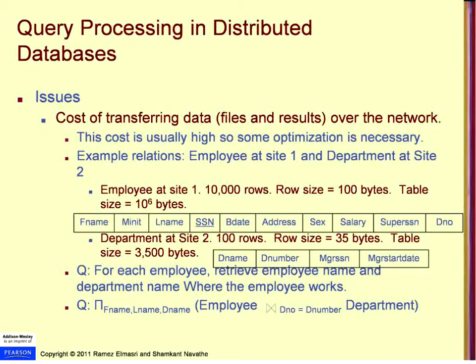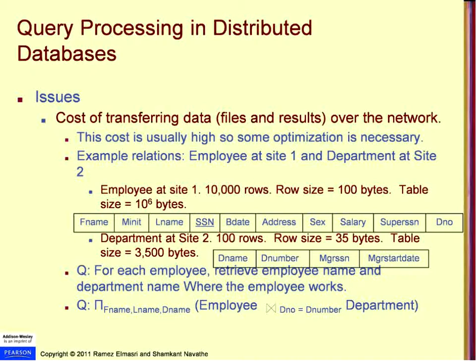Now the execution cost in a distributed database also includes the communication cost, because when we execute the query distributedly, the cost of communicating the relations, or the cost of communicating the results, is also important. If we are executing the query in a distributed database on a local area network, this cost can be ignored in some way.